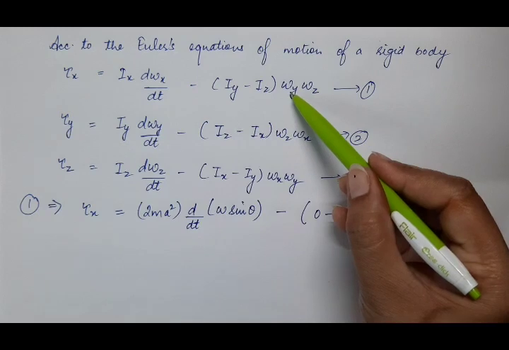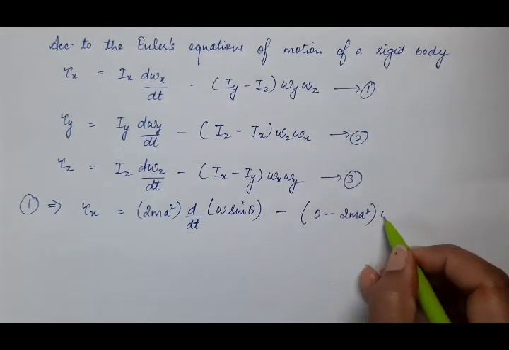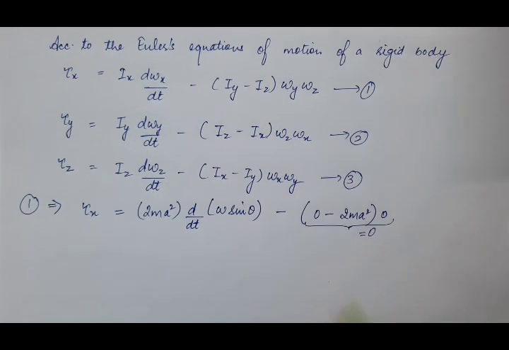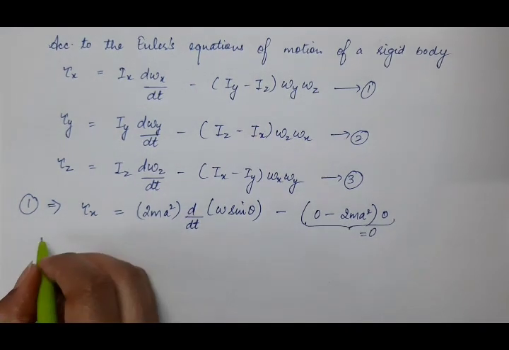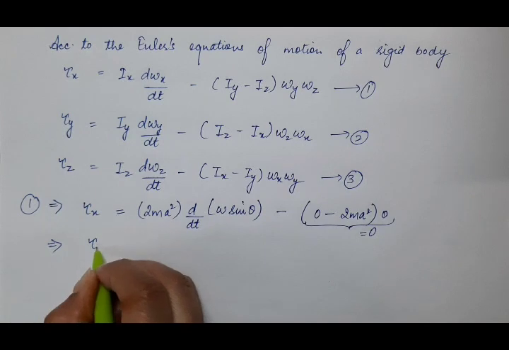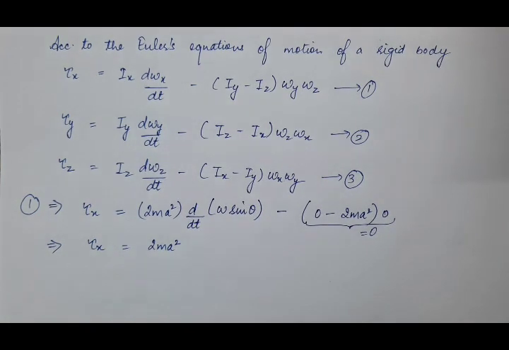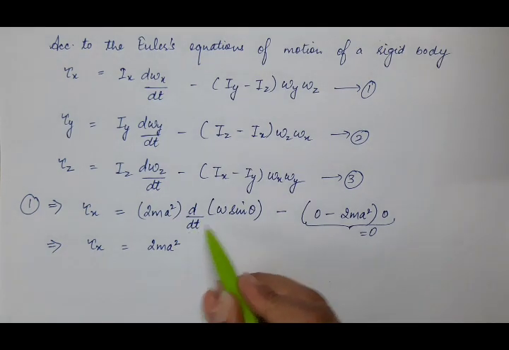Omega y is omega cos theta, but omega z is 0. So this 0 multiplied with all this makes this term equal to 0. So we have the x component of torque equal to 2ma square into d by dt of this.